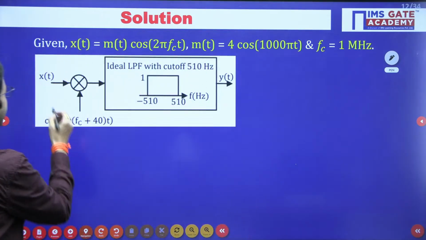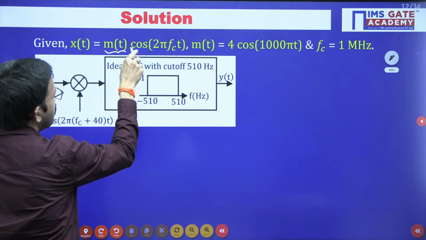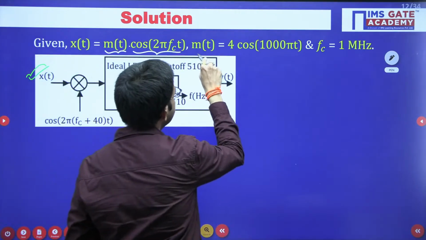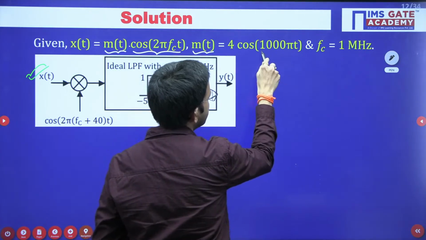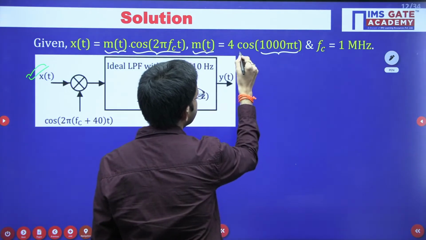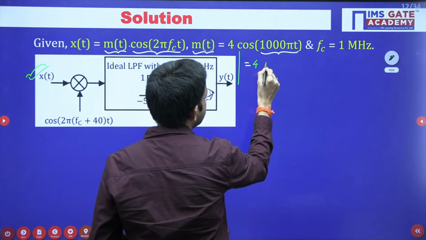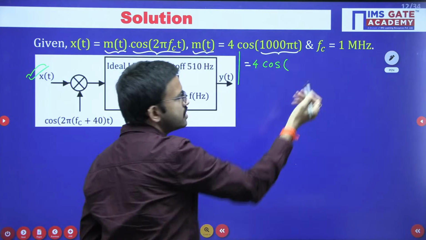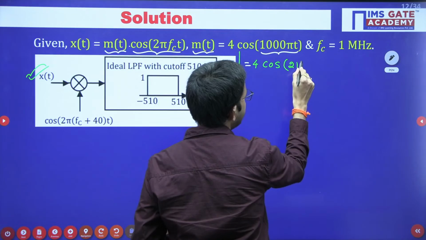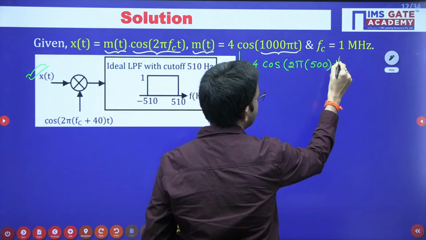First of all, regarding x of t, you have the message signal multiplied with the carrier signal. The message signal is 4 cos 1000 pi t. You can write this in the form of 2 pi f: 1000 pi I am writing as 2 pi into 500 t.